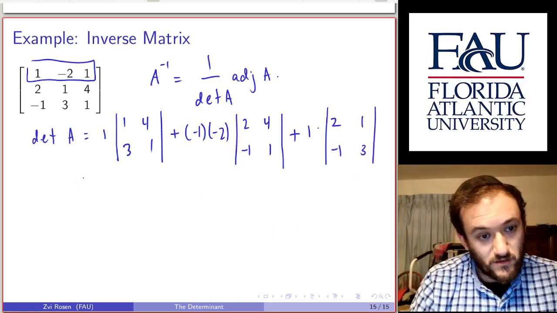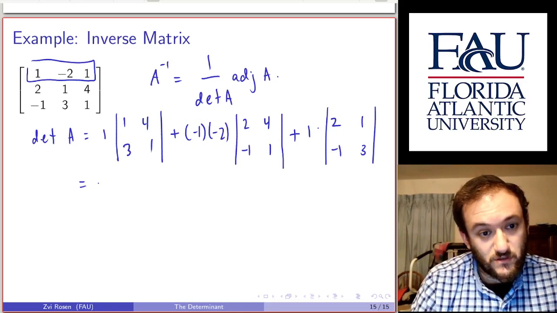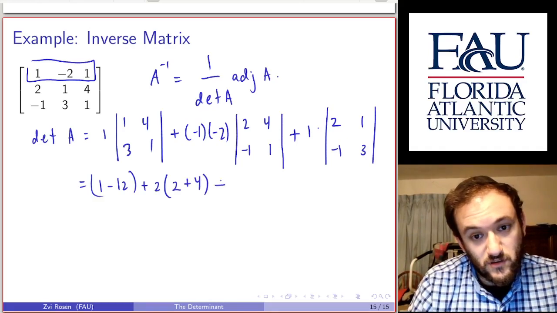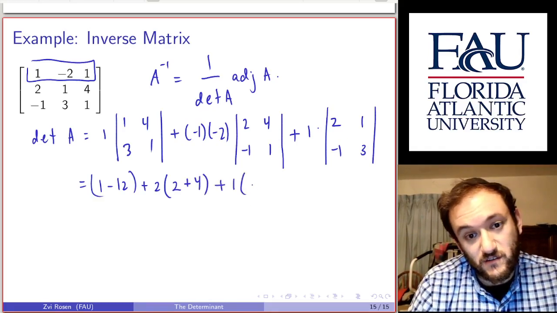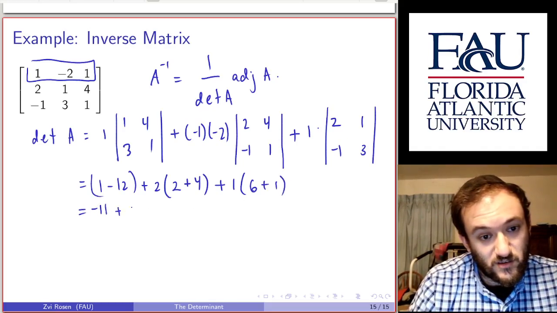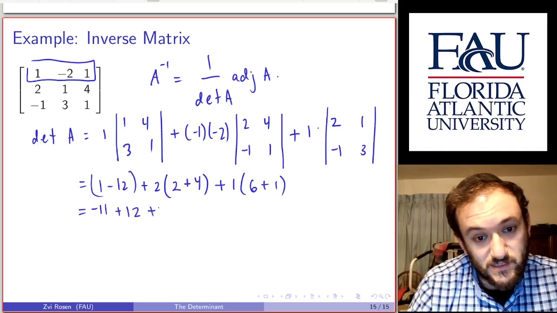Okay, so this is equal to 1 minus 12 plus 2 times 2 minus -4, or +4, plus 1 times 6 plus 1. So this is -11 plus 12 plus 7, which is 8.